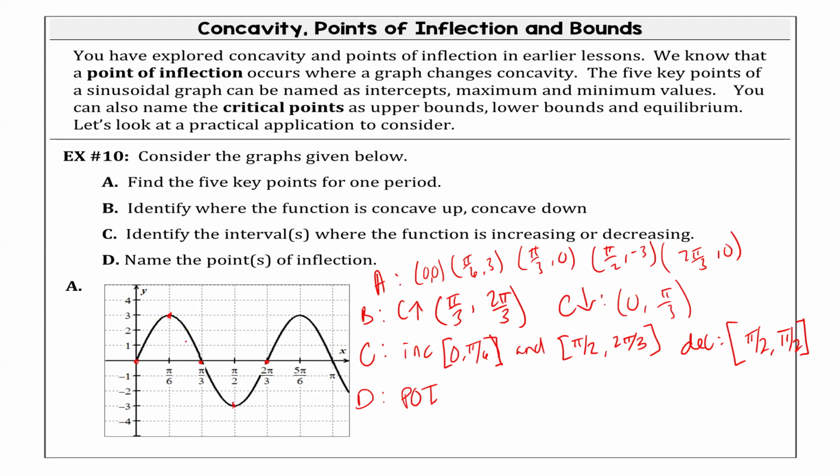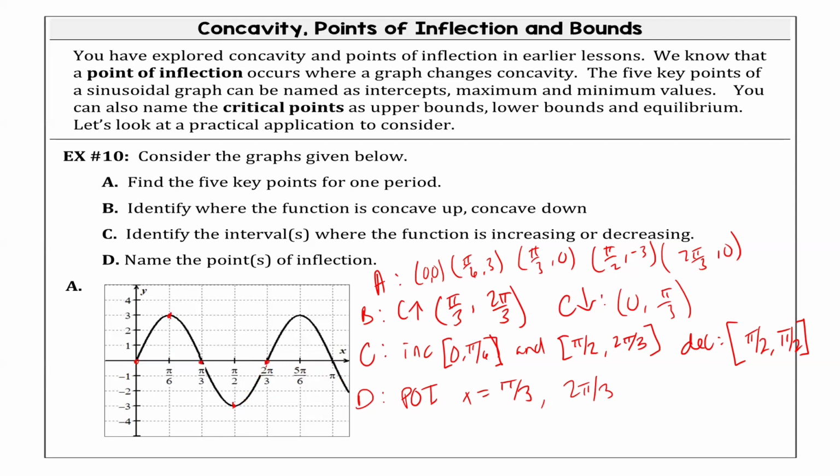So on our midline, our first POI is at perfect, pi over 3. And our second would be at, this still would be considered the POI. And not in this window because the graph doesn't continue. If that showed a continuation, then we can make a prediction of what's taking place. The graph stops.